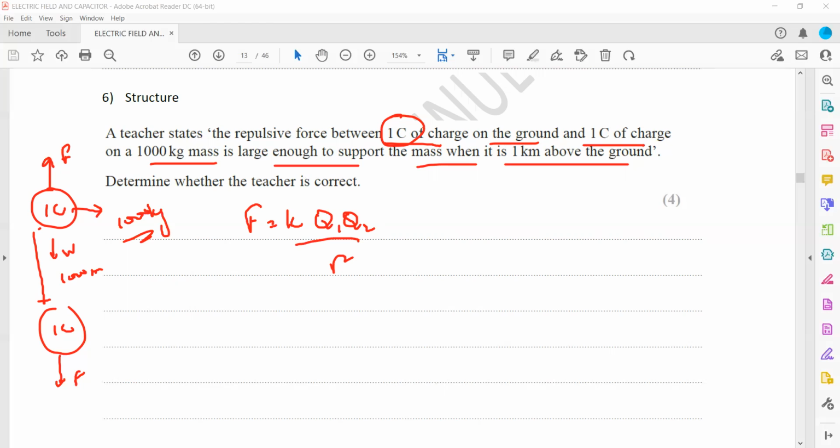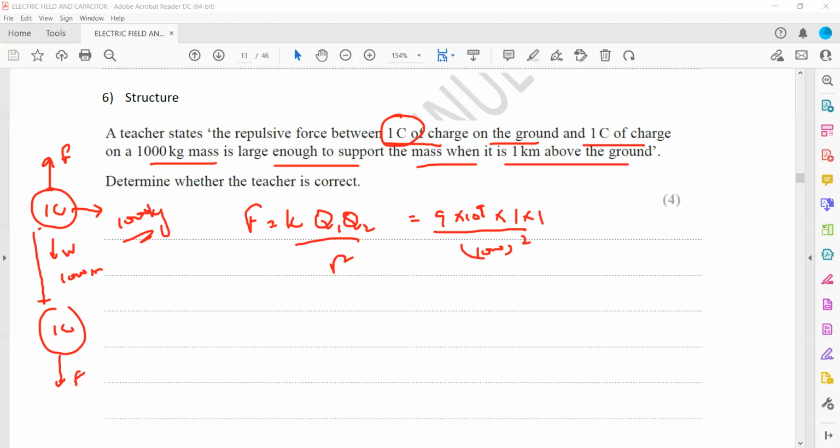So F is equal to K Q1 Q2 over r square. The value of K is 9 exponent 9. The value of the charge is 1 coulomb, so it will be 1 and 1, and the distance between them is 1000, so it will be 1000 square.